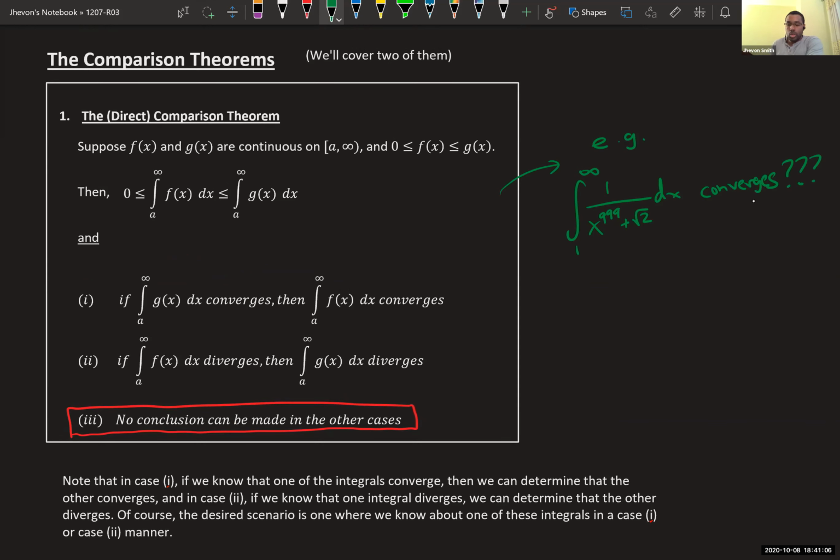Well, what I can do is look at this integral, 1 over just x to the 999. Now that one I know converges, by the above theorem, since my p is larger than 1.